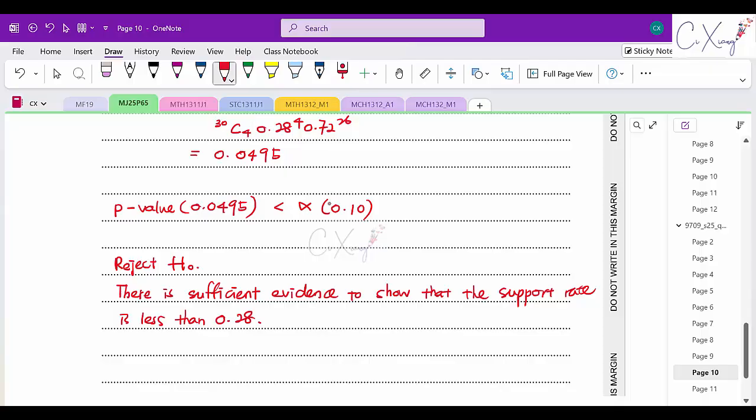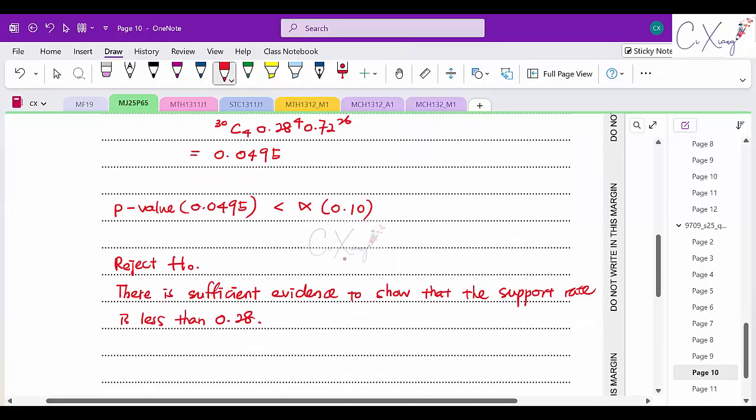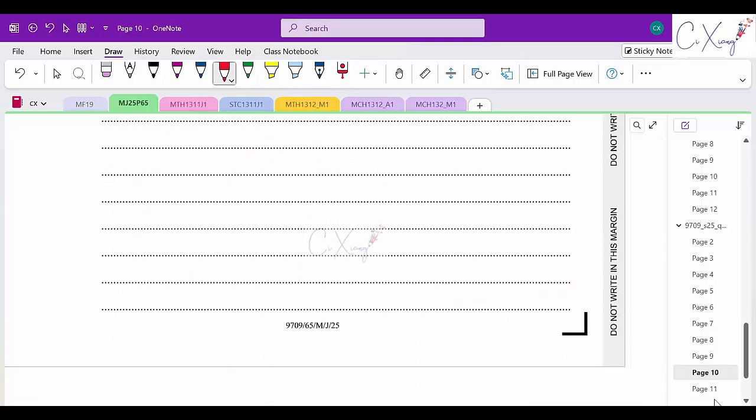Okay, alright, so this is how we carry out the test. These are a few steps that you need to make sure that you show them in your calculation, in your solution. Alright, okay, then let's have a look for part number B.